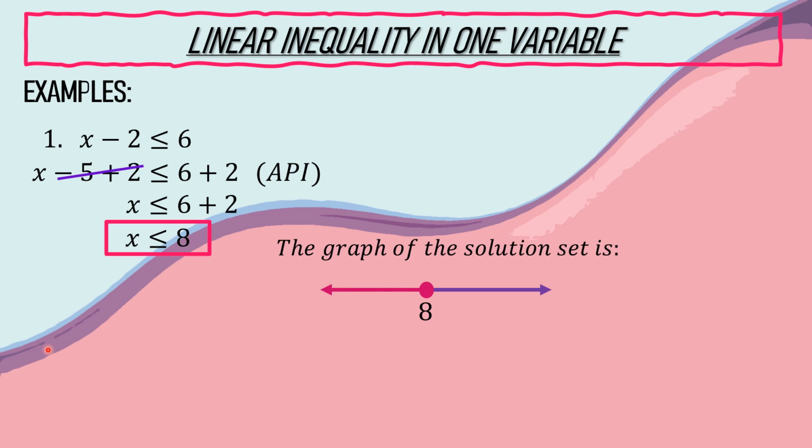So, magdodraw tayo ng solid dot, and then, ang line dapat ay going to the left, since ang mga number na nasa kaliwa ng 8 ay 7, 6, 5, 4, 3, 2, 1, and so on. And then, solid dot, or may shade na color pink yung ating dot dito, dahil ang ginamit na inequality symbol ay may equal sign sa baba.